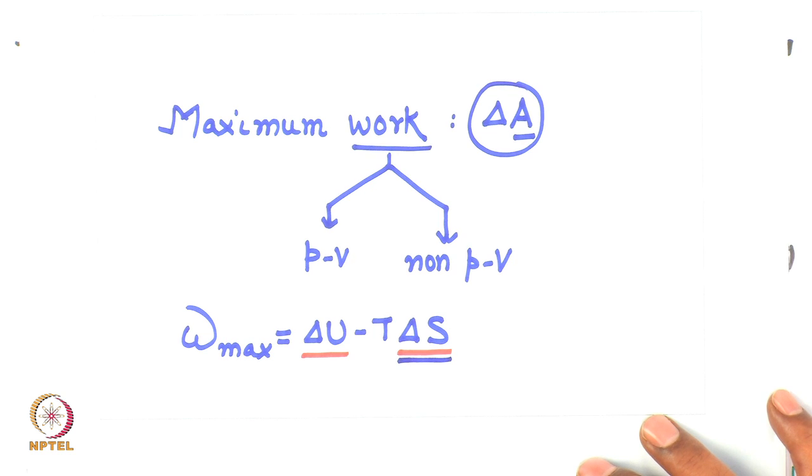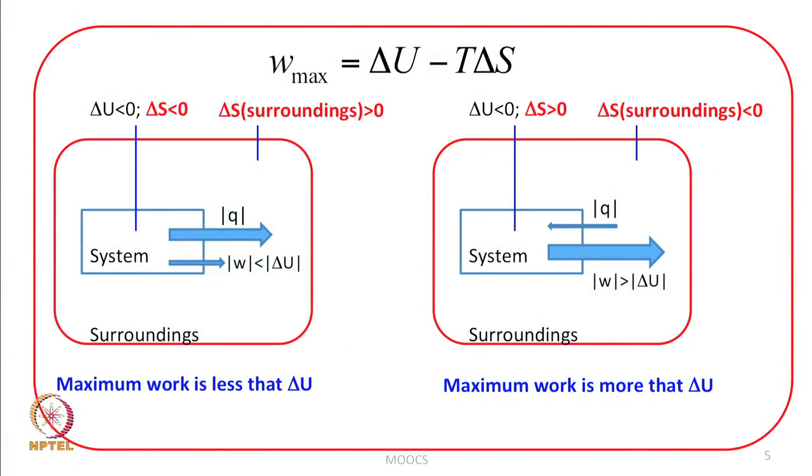And we will discuss now how much maximum work we can draw from the system. Is it more than delta U or less than delta U when delta S is positive or delta S is negative? Let us take a look at that. Let us take a look at the left hand side figure.